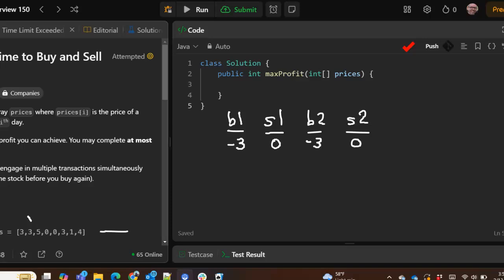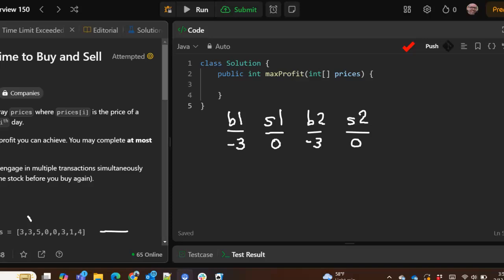First sale is going to be the max of whatever the first sell profit is now, or the first buy balance plus the current price, which means we could buy on day one and sell on day two. And we would have a profit of 0. So that's what we have now. So we can leave that where it is.